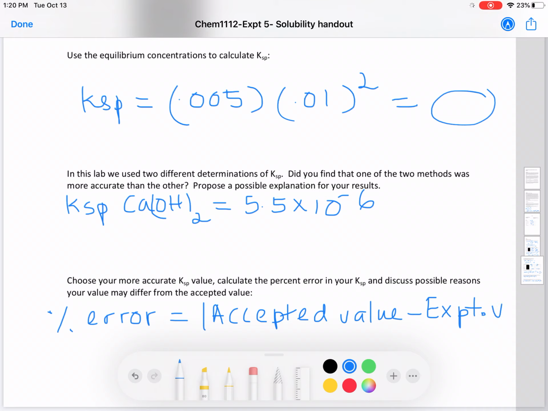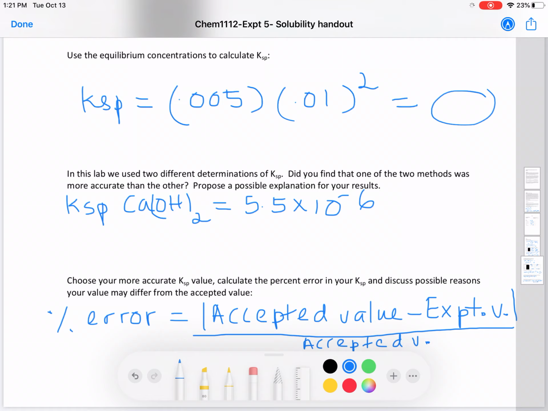Experimental value, I put V just for the value, which is what you're going to be putting here from your calculations. These two bars on the side indicate that you always have to write the positive value, and this you're going to divide by the accepted value, which is again the literature value, 5.5 times 10 to the negative 6.